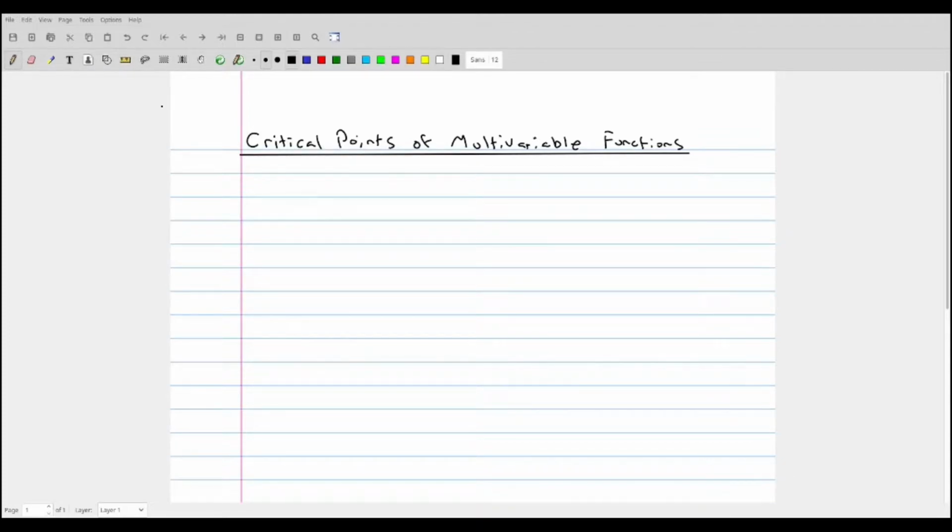And this is going to be related to the idea of single variable functions. So the idea here is we're going to start off by reviewing the definition of a critical point for a single variable function and see how this almost directly generalizes to multivariable functions.